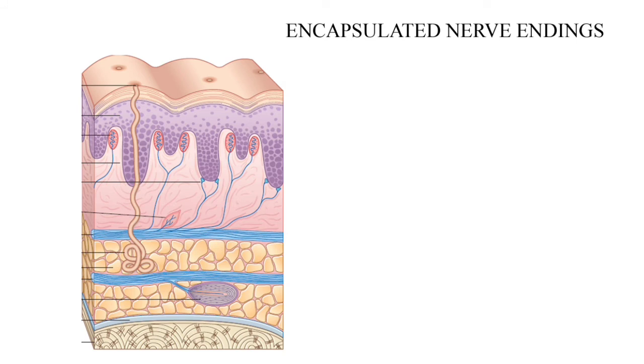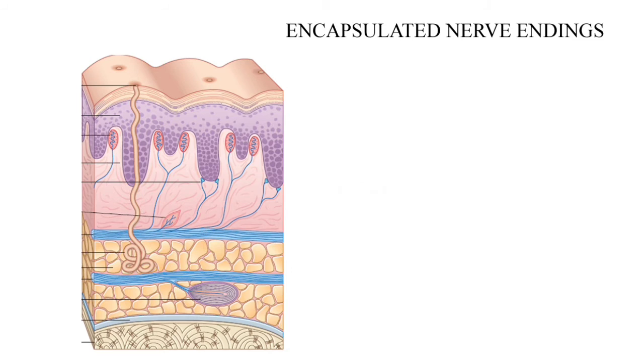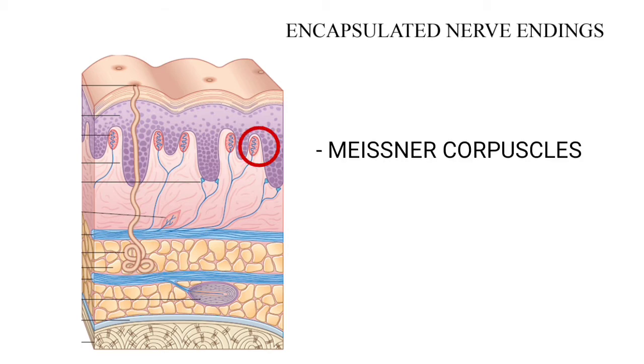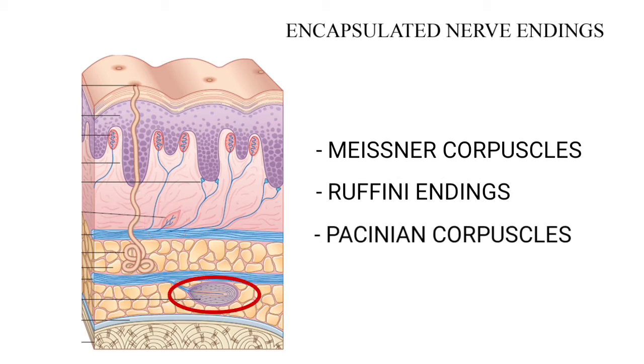All three are mechanoreceptors transducing mechanical stimuli. What are the different types of nerve endings which come under the encapsulated nerve endings? They are Meissner's corpuscles, then Ruffini endings, then the Pacinian corpuscles. We will see into one by one.